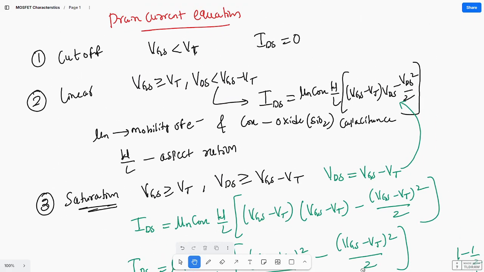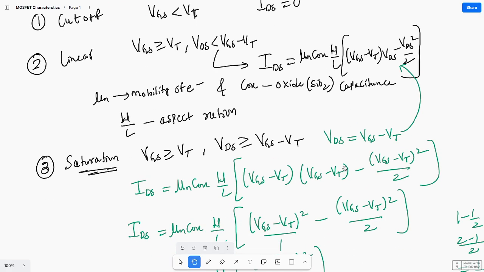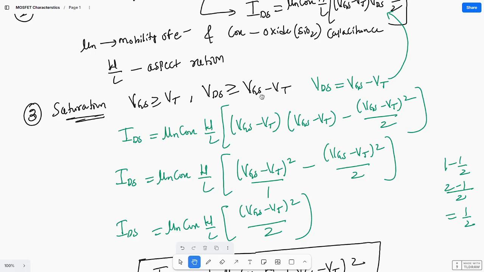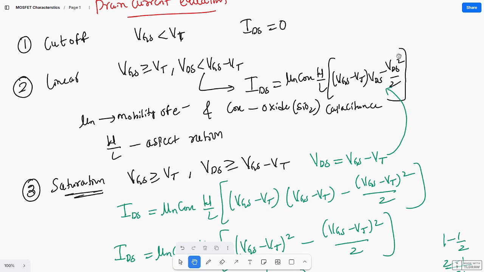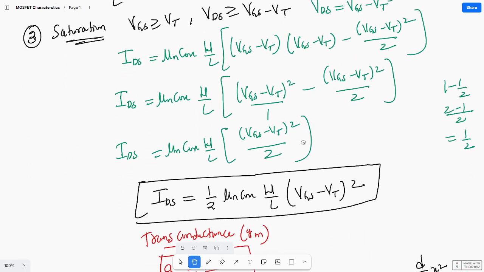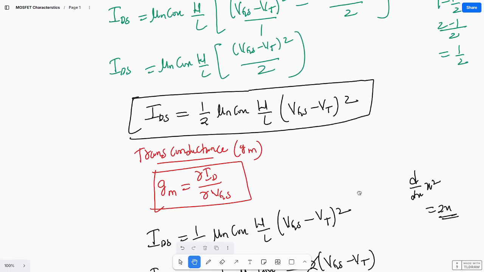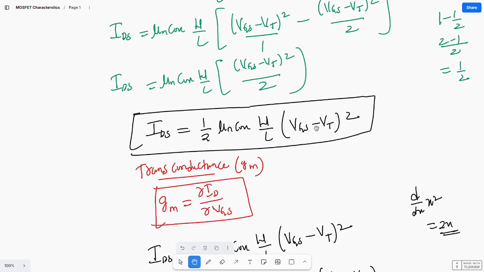Drain current equations also we saw. In cutoff, the channel is not forming, so drain current equals 0. In the linear region this is the equation. In the saturation region, you substitute VDS equal to VGS minus VT in this equation, and after simplification you get the current equation for the saturation region.